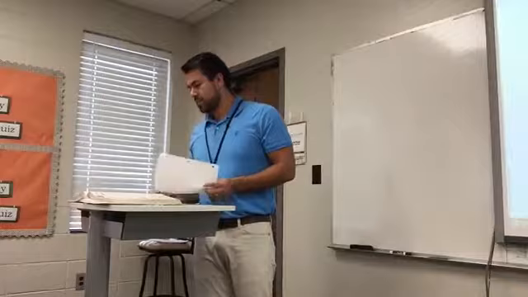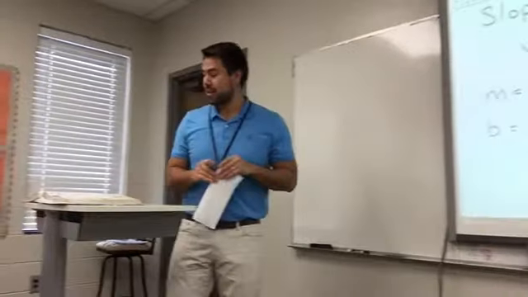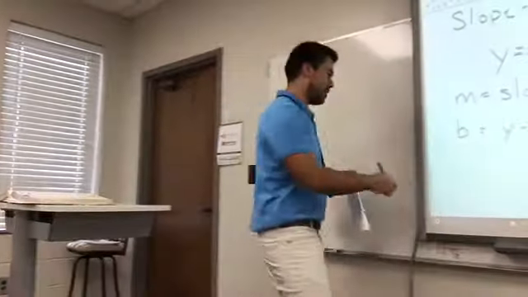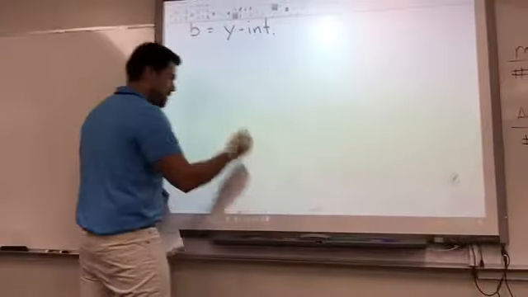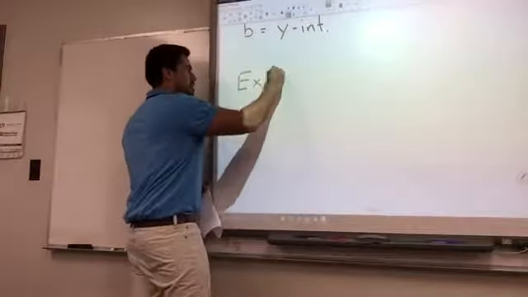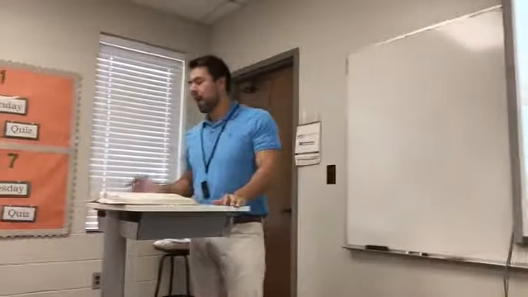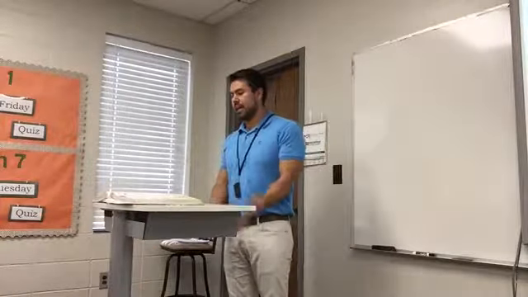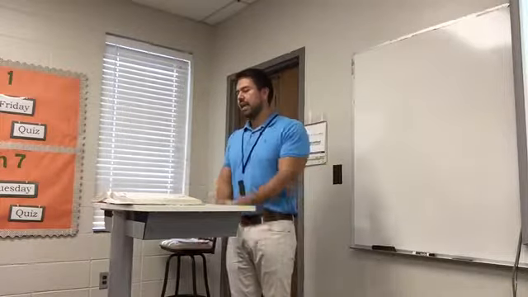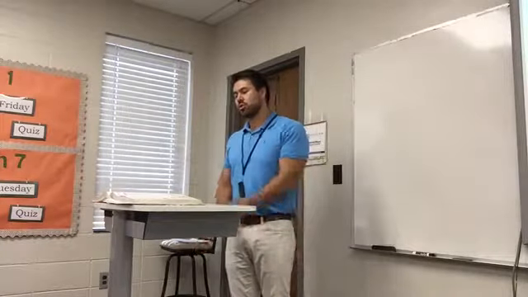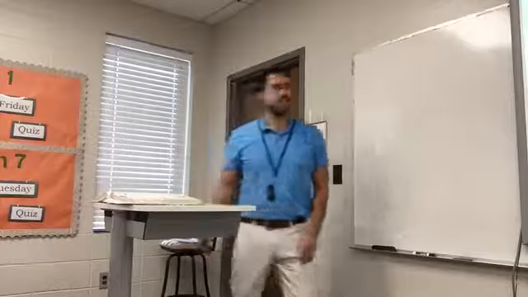Let's look at example number 2. Watch. We'll see how this works. Look how nice this problem is. Let's use slope-intercept form. It says, write an equation of a line in slope-intercept form if the line has a slope of 2/3 and a y-intercept of 6.